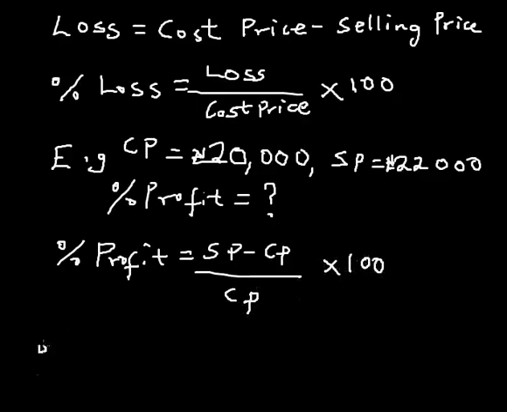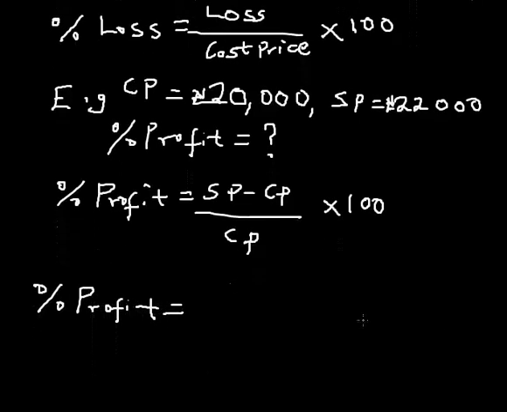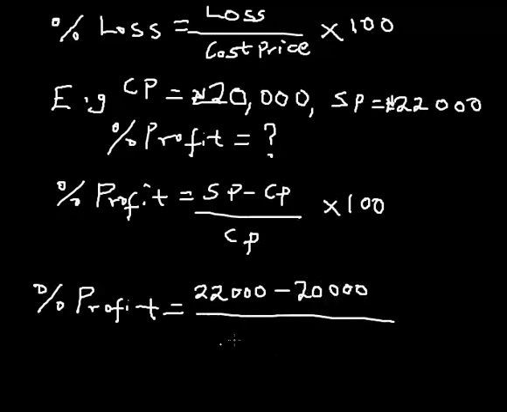So the percentage profit is going to be equal to the selling price, which is 22,000, minus the cost, which is 20,000, divided by the cost price, which of course is 20,000. Then we multiply by 100.